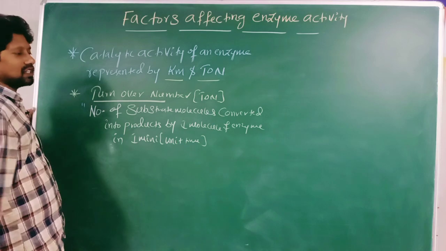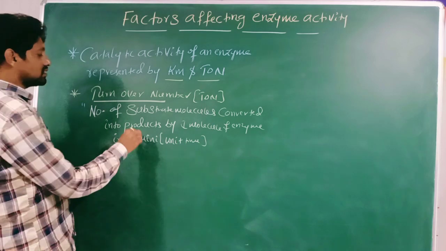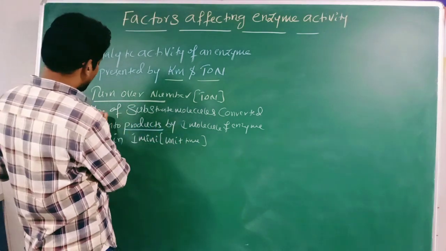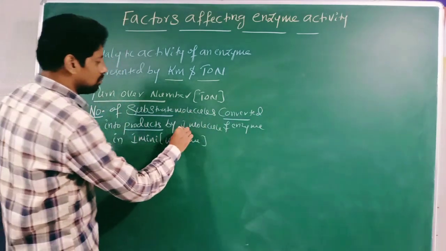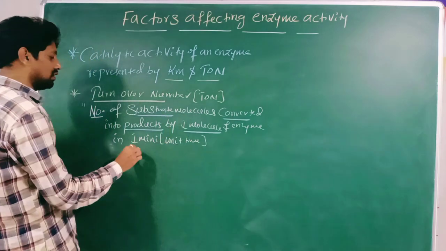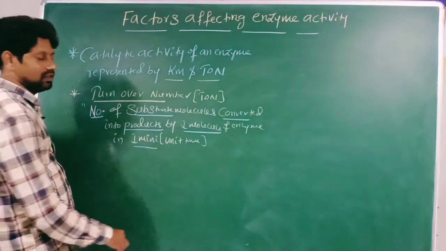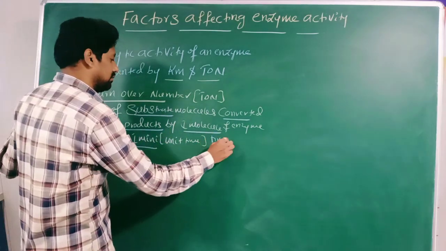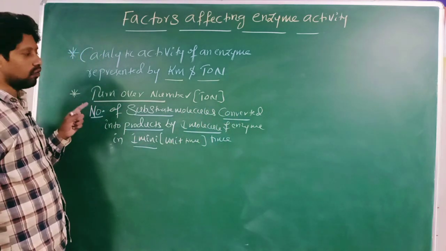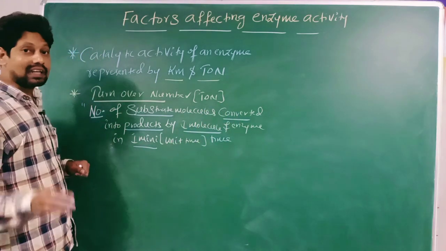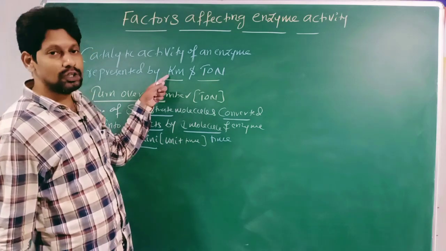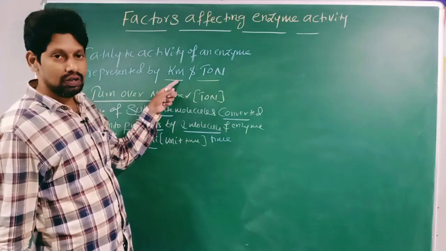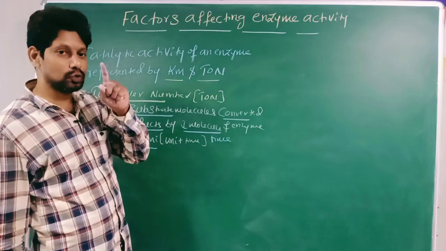Therefore, the number of substrate molecules converted into products by one molecule of enzyme in 1 minute time is called the turnover number of an enzyme. Sir, the turnover number of an enzyme should be high. Km value of an enzyme should be low. Turnover number of an enzyme should be high.